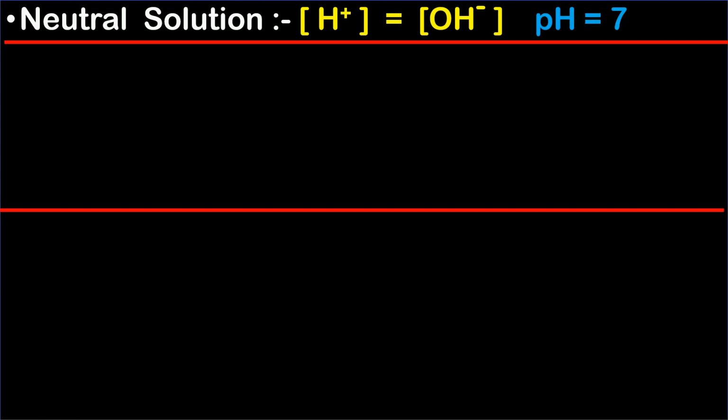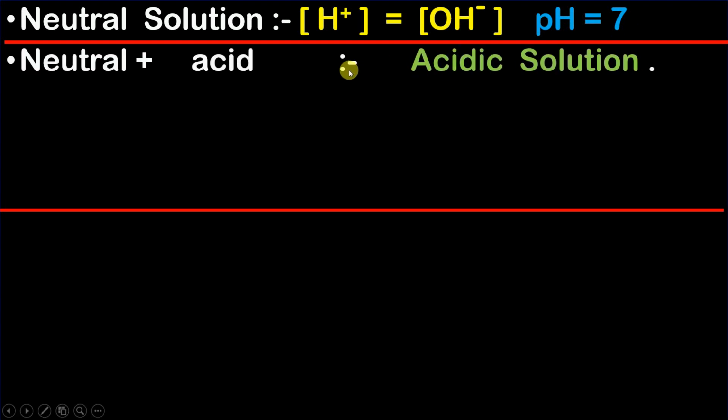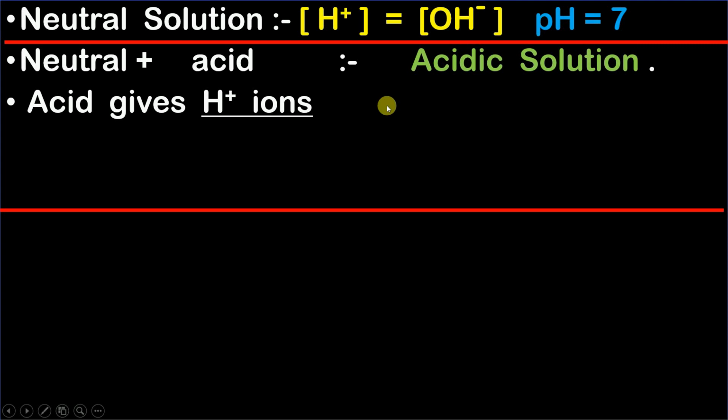Now guys, in this neutral solution, let's add acid. When we add acid to the neutral solution, it is obvious that the solution will become acidic. Why does it become acidic? Let's understand that. When we add an acid, the acid dissociates and gives us H plus ions.